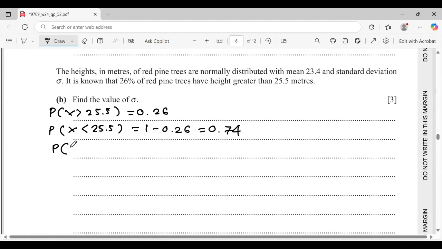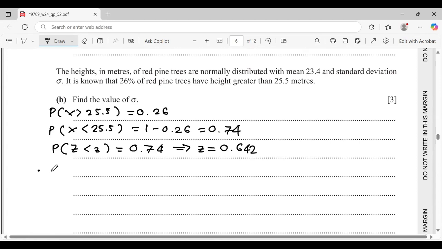So the probability z less than lowercase z is 0.74. On the table, z equals 0.642. Right, so now we're going to use the z-score formula.